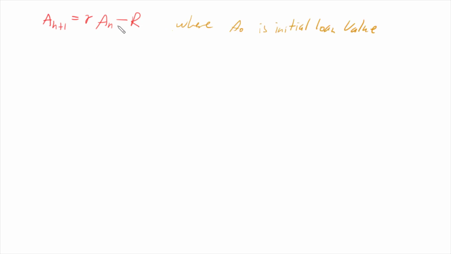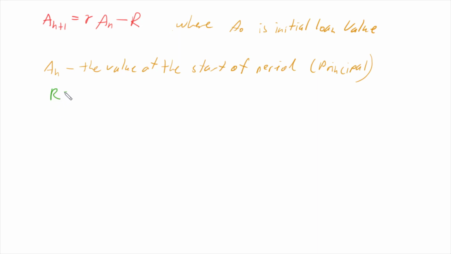So what we have here in this recurrence relation is a n is the value at the start of each compounding period, and it is typically called the principal of that period. We have R, capital R, which is the periodic repayment. It's how much you're going to pay each period. In this case, it's monthly.